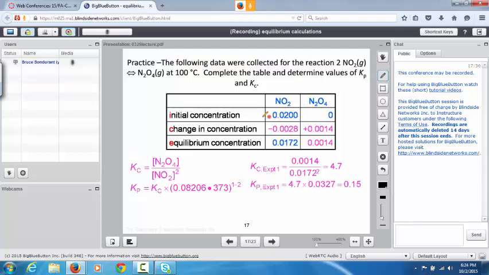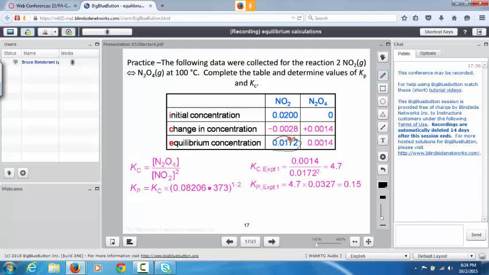So let's see, now we have an initial concentration of 0.02 NO2, no N2O4. Our equilibrium concentration of NO2 is 0.0172.